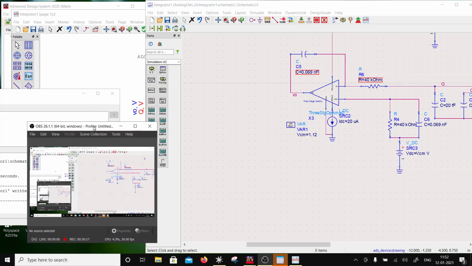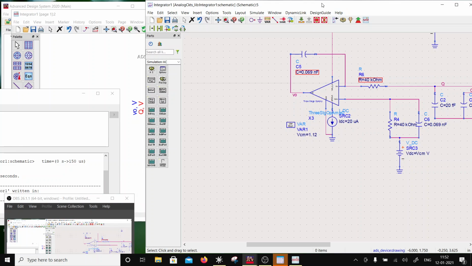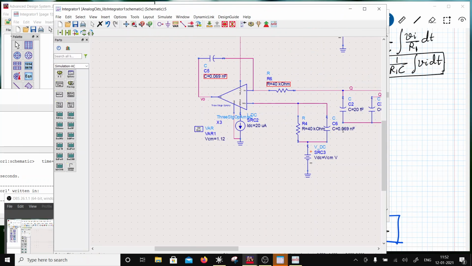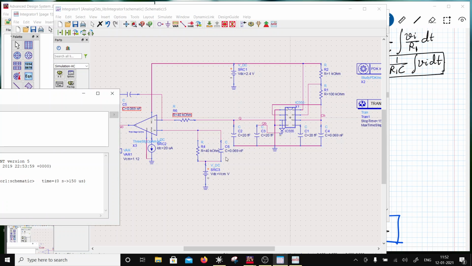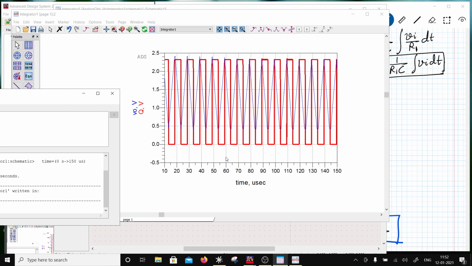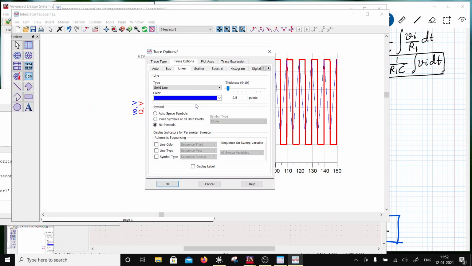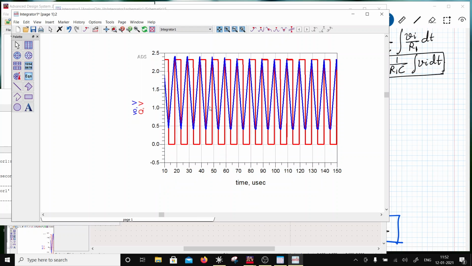Yeah, so what you do is you have 0.69 nanofarad and 40 kilo as RC, and I just adjusted VCM to be 1.12, and then this square wave is converted to a triangular wave. Let's have a look at it. Okay, so there it is. This blue one is your triangular wave, right?